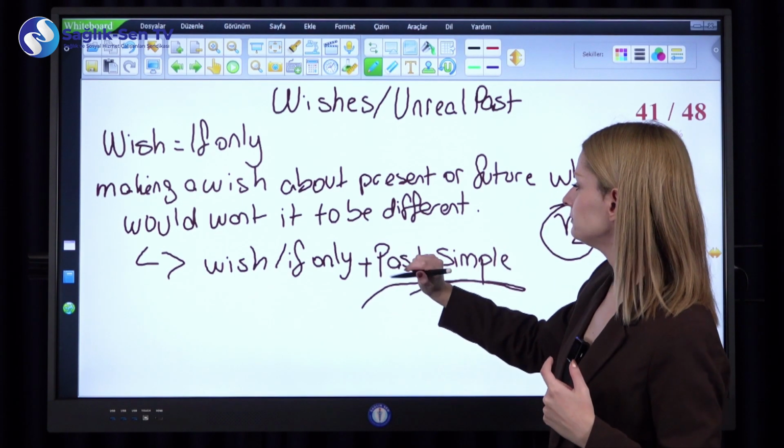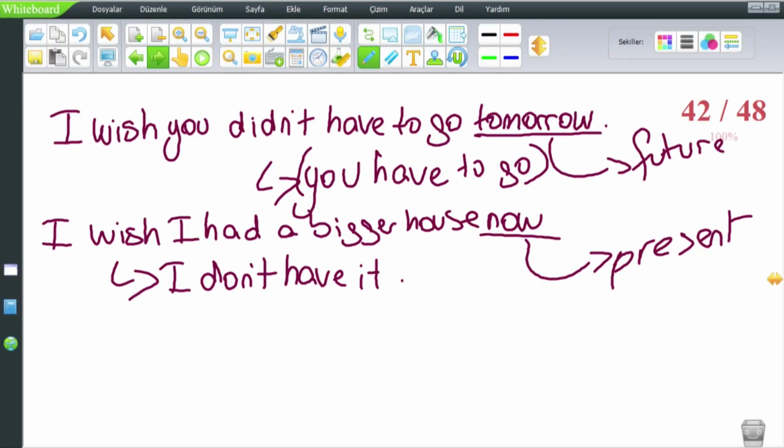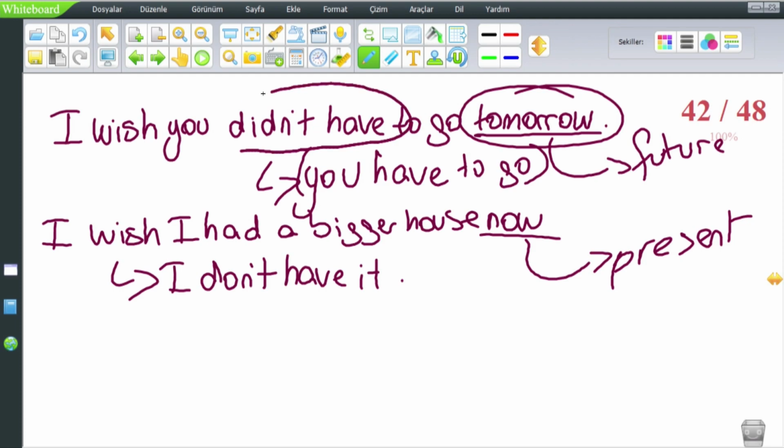For example, we said that, I wish you didn't have to go tomorrow. You can understand from both time expression and from verb 2 that this is a wish for future, but we can understand that you have to go. We would want this to be different, but it is what it is.